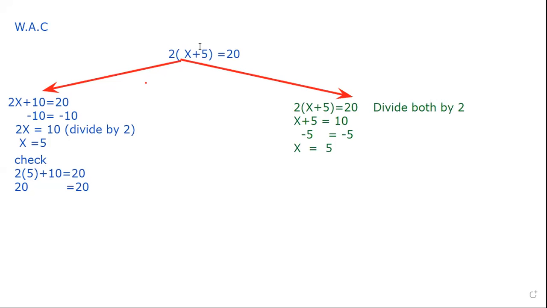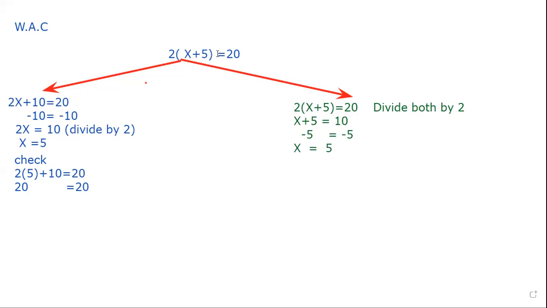If you have a number before the parentheses, it's up to you to distribute the number over the parentheses, or, if the number after the equal sign is divisible by the number, 20 divisible by 2, yes, it's equal 10. But what if this number was 8, for example? You can work it, but it will be with decimals and maybe more difficult.